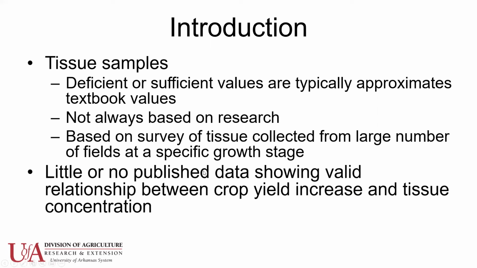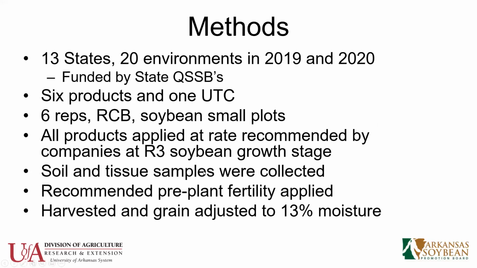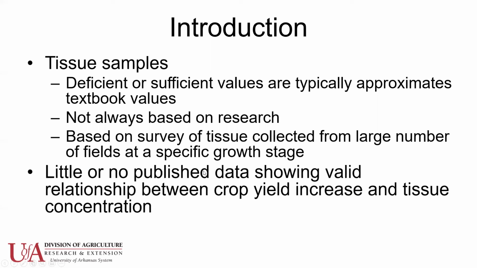Most critical nutrient concentrations are specific to a particular plant part and growth stage. Any deviation from that specific plant part or growth stage may cause a critical nutrient concentration to change. There is not a single nutrient concentration that can be used for the duration of a growing season to define nutrient deficiencies, especially during reproductive growth.